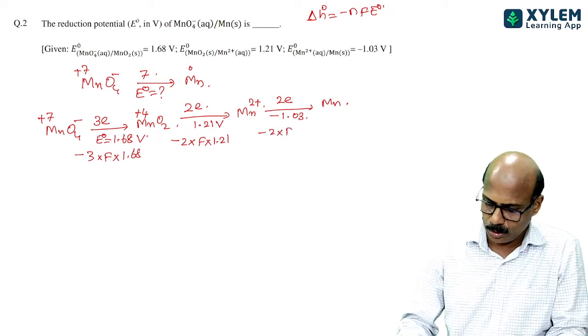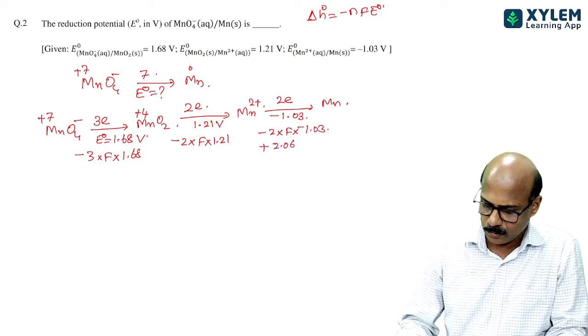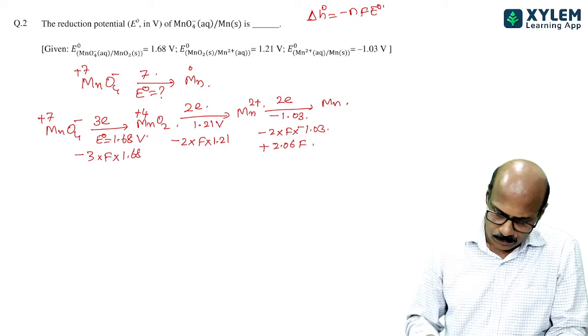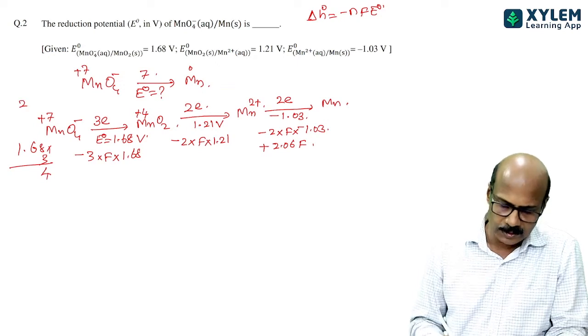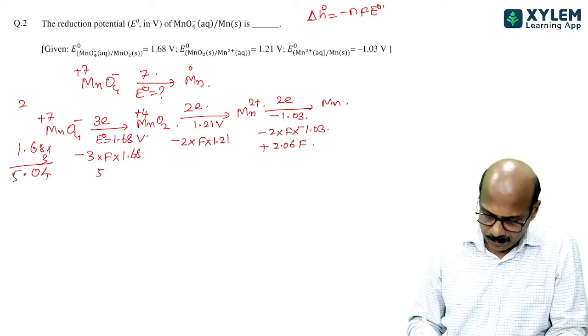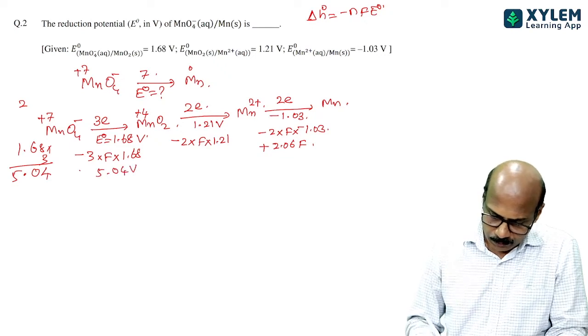Minus 2 into F into minus 1.03, or you can say plus 2.06 F. Am I right? Same way, here also you can multiply 1.68 into 3, and 5.04 you will get it here. Am I right? Now 5.04 for the first one.